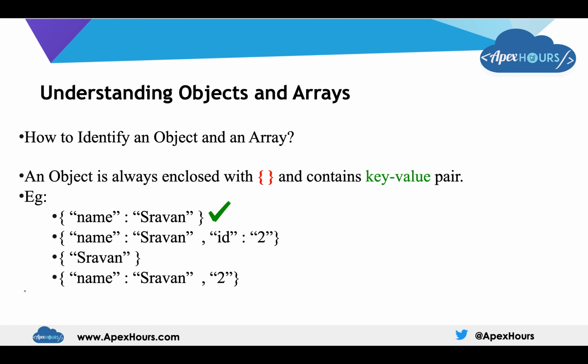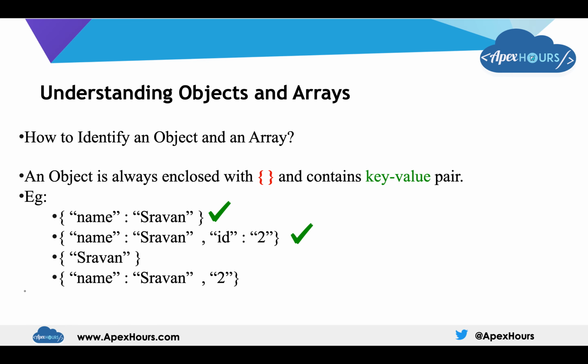The question is whether it is a correct object or not. The object is correct as long as both key value pairs are separated by a comma. It is enclosed within curly braces, which is fine, and it has key value pairs separated by a comma, so this is also a valid object. This is called an object.